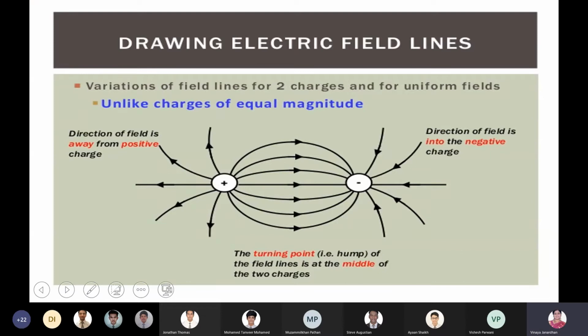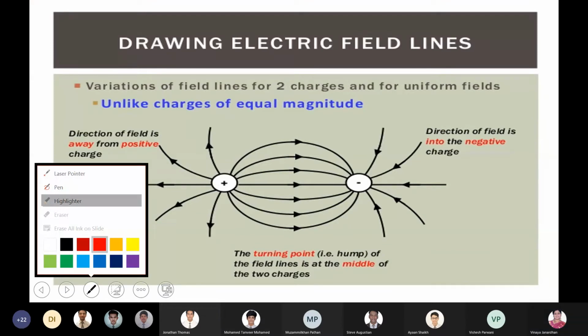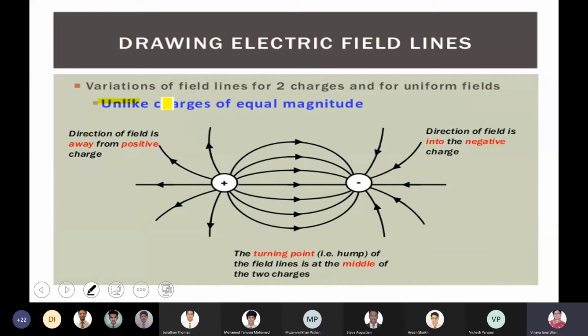Have you completed? Unlike charges, keep this in mind, boys. These are always 1 mark questions. In your board examination, you can always expect these diagrams as a 1 mark question.